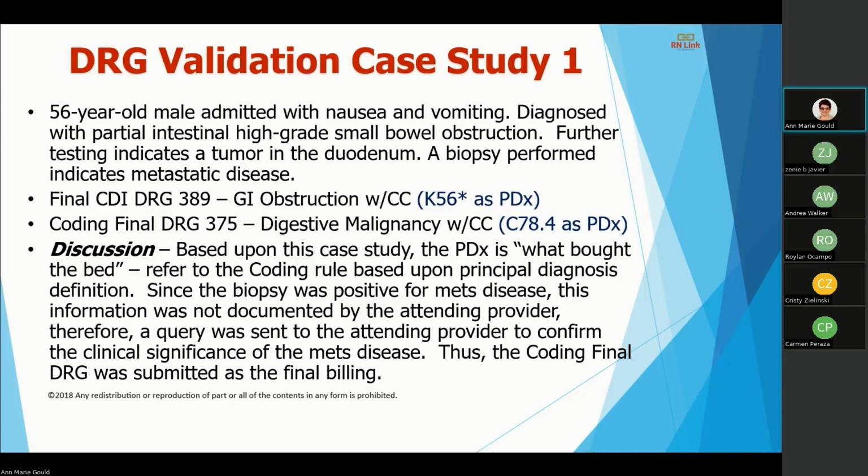So then the coder will email the CDS and say, hey, we have a DRG mismatch. I coded the PDX for digestive malignancy. Can you please review? The path report was positive for Mets disease. Okay, so this is what the thought process is.